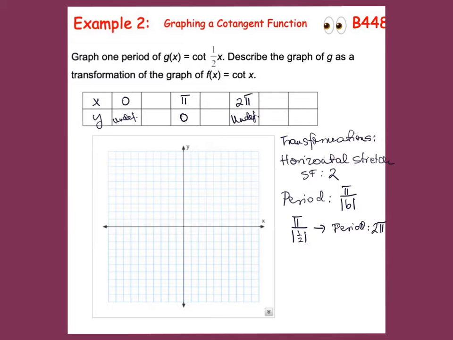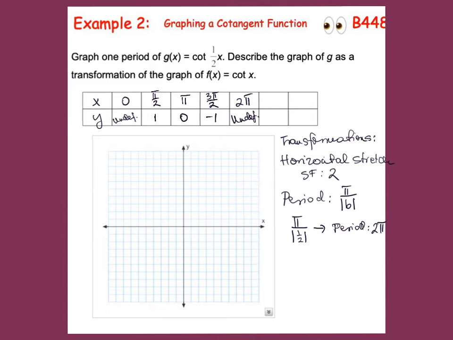Therefore, at the halfway point between 0 and pi, which is pi over 2, we are going to have a positive value. And the halfway point between pi and 2 pi, which is 3 pi over 2, we are going to have a -1 value. In this case, we don't have a vertical stretch or a vertical shrink.